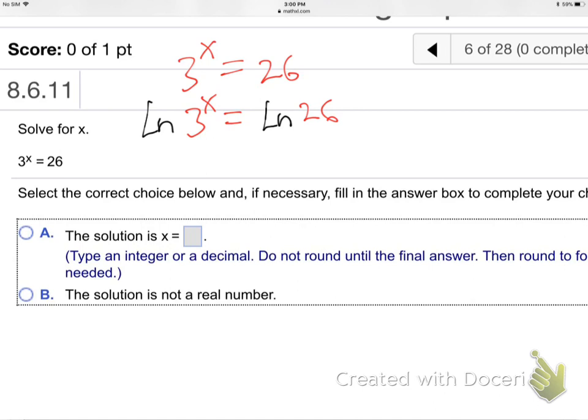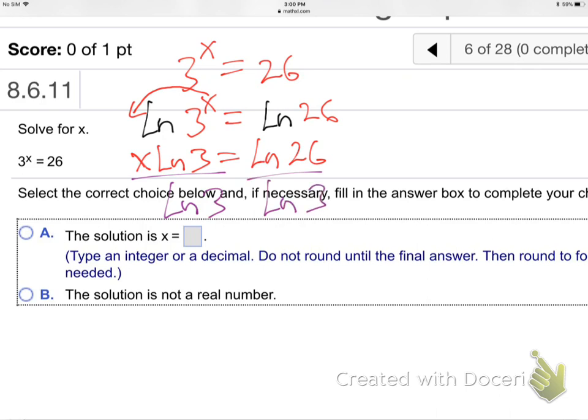So ln both sides, and then take that x power and bring it down to the front. We good to there so far? That makes sense? Take ln of both sides, and then the power comes down. Then you can just divide. Once you got that x out of power, it's no big deal. There you go. Hit the buttons on your calculator.